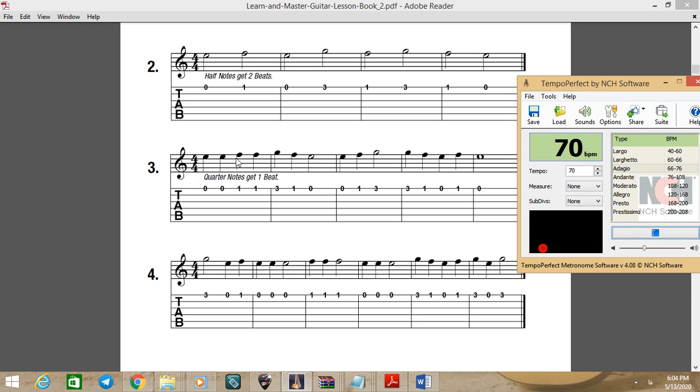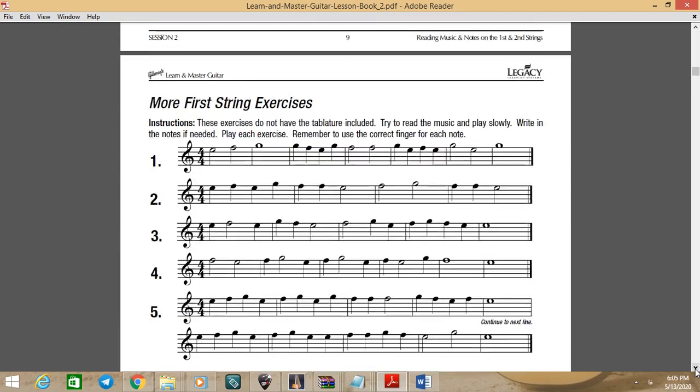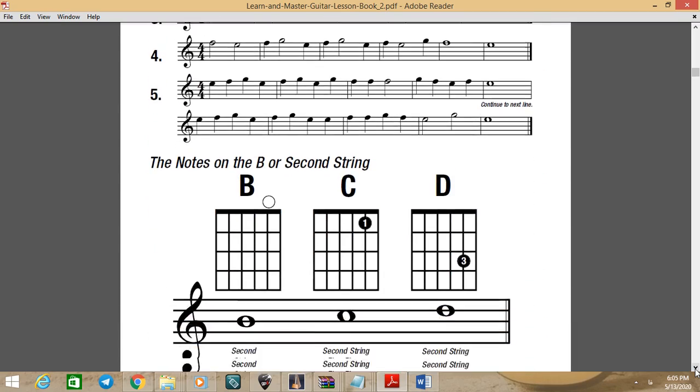Dee, da, da, da, dee, da, da, dee, da, da, dee, da, da, da, dee. Okay, and you should try to do this also with a metronome. For this page and other pages, the metronome is very effective for music rhythms.